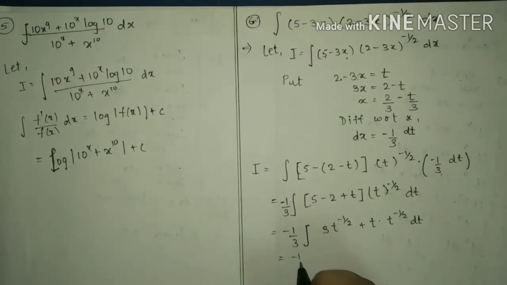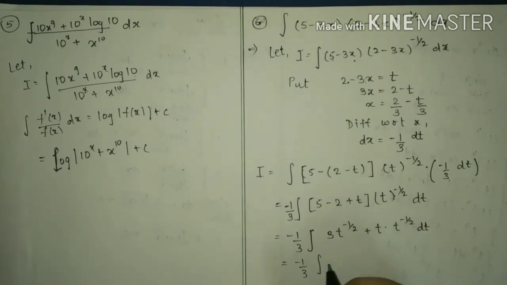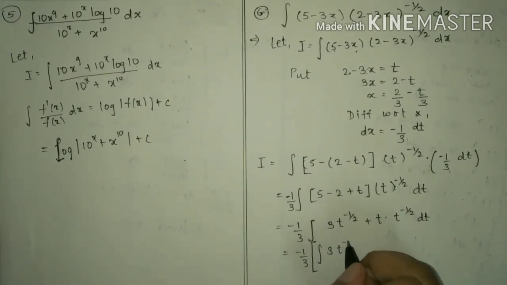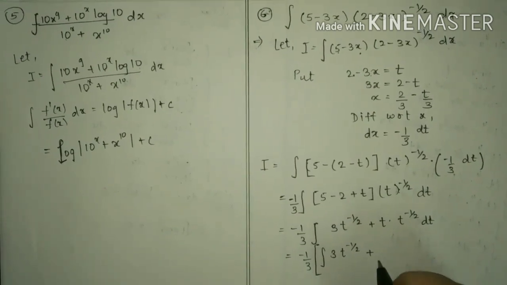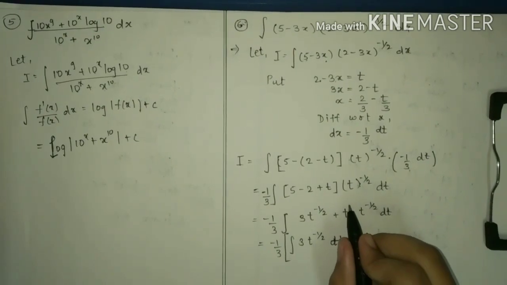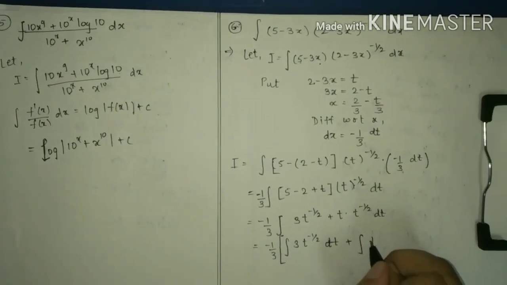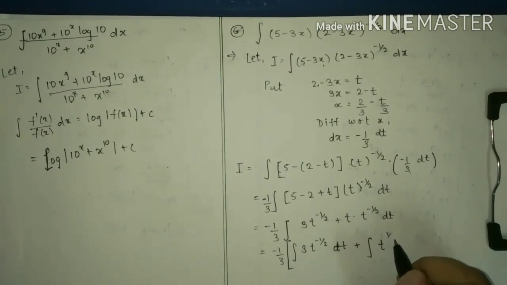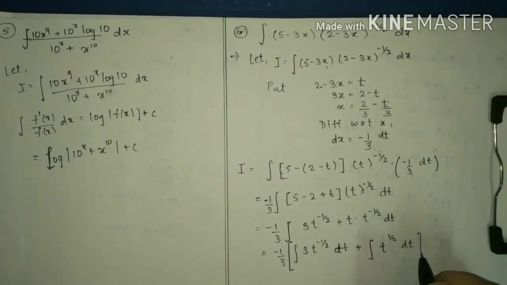So further, minus 1 by 3 integration, we will put this here, 3t raised to minus half dt, plus integration of t into t raised to minus half, so it will be t raised to half only, dt.